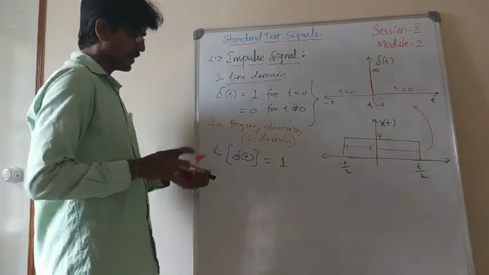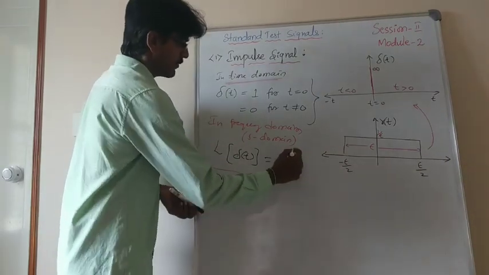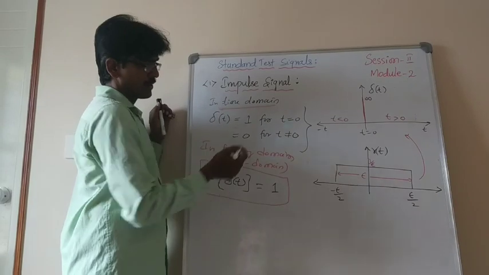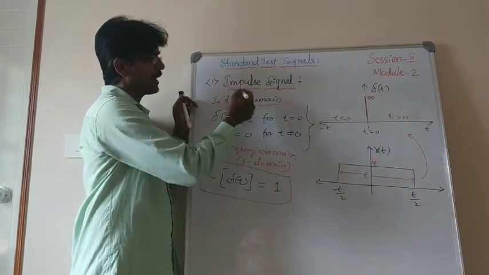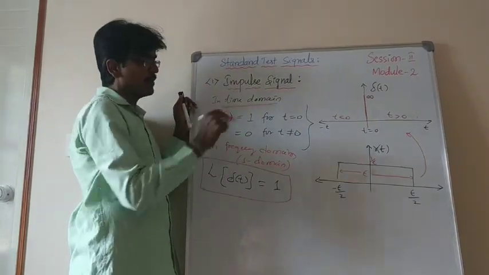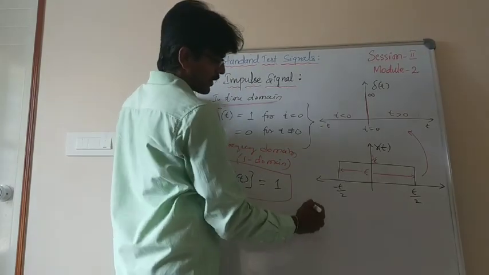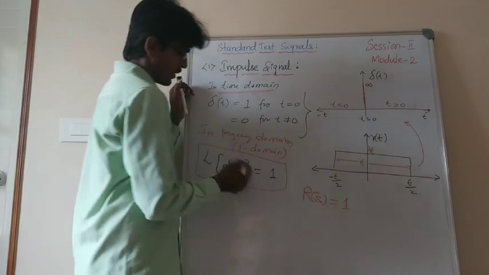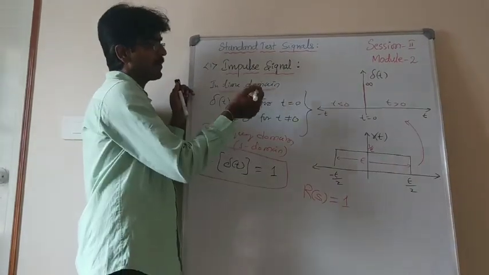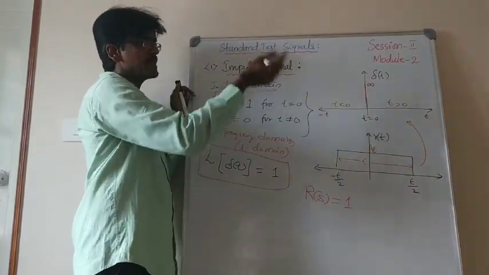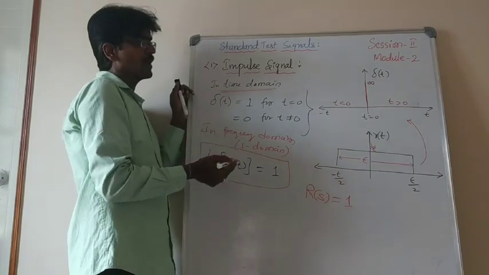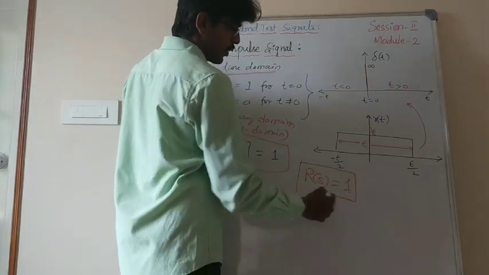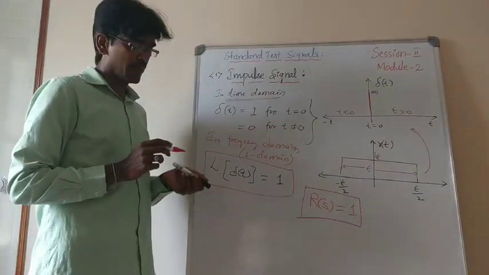So if you apply a unit impulse signal to a system, then the input value r of s will be considered as 1.